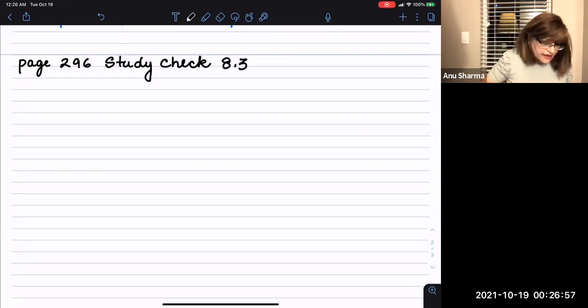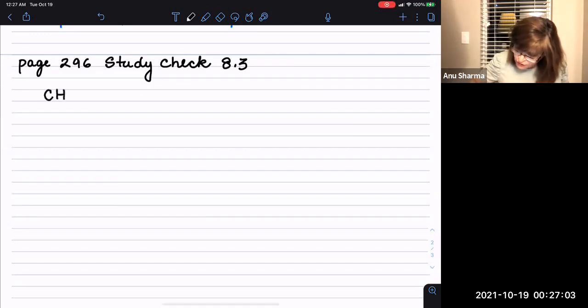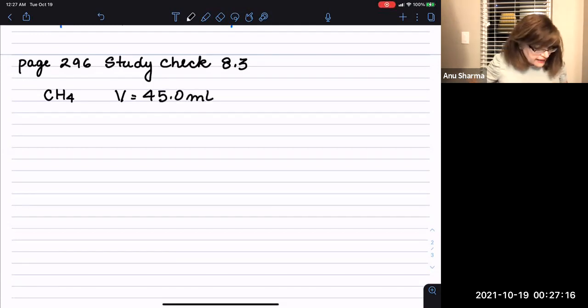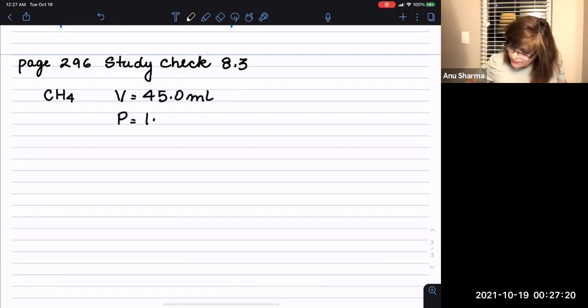In an underground natural gas reserve, a bubble of methane gas, CH4, has a volume of 45.0 milliliters, so the volume is 45.0 mL, at 1.60 atm. So the pressure is 1.60 atm.